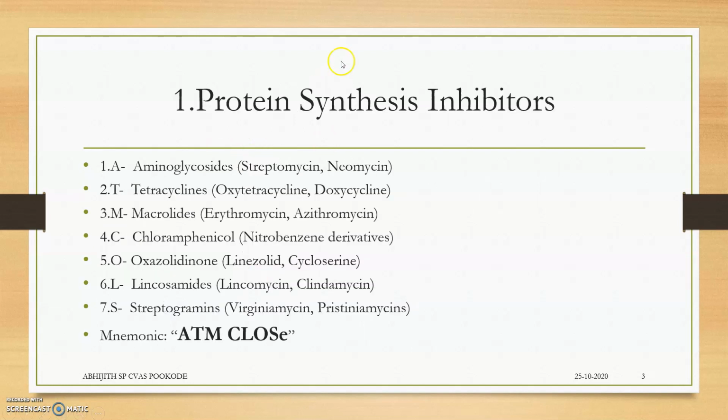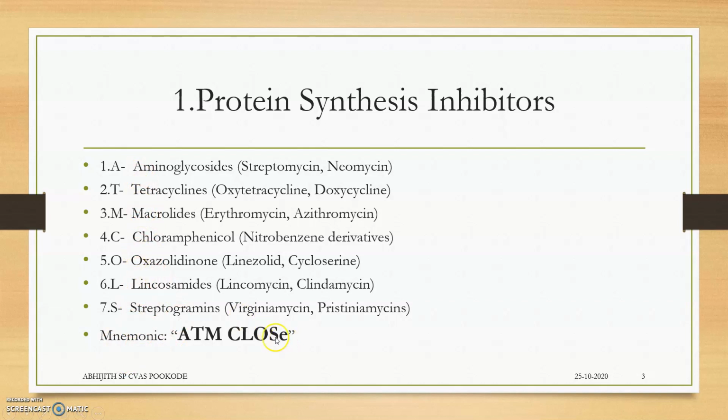So the first one is protein synthesis inhibitors. The main compounds are aminoglycosides, tetracyclines, macrolides, chloramphenicol, that is actually a nitrobenzene derivative, oxazolidinones, lincosamides, and streptogramins. Using the first letters of these compounds, I have made a small mnemonic, that is ATM close.